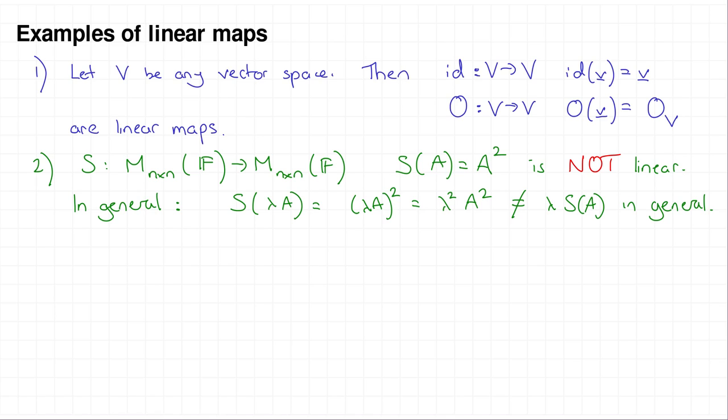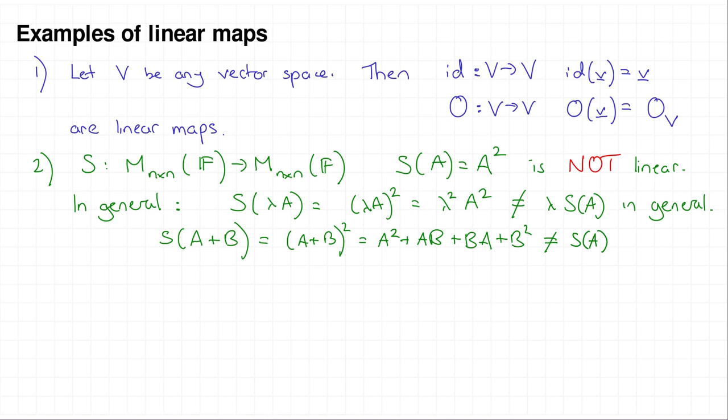So it doesn't obey the first property, and it doesn't obey the second either, because S of A plus B, well, that is A plus B squared, and you can expand this and you'll get A squared plus AB plus BA plus B squared, and in general, again, it's not equal to S of A plus S of B. There's certainly a term there equal to S of A and a term there equal to S of B, but in general, AB plus BA won't be the zero matrix.